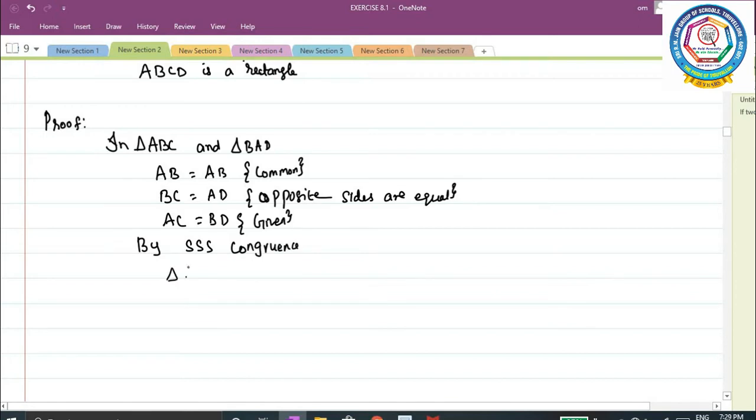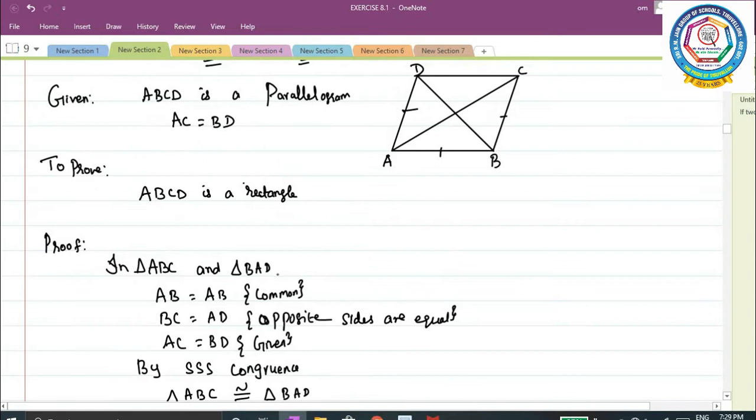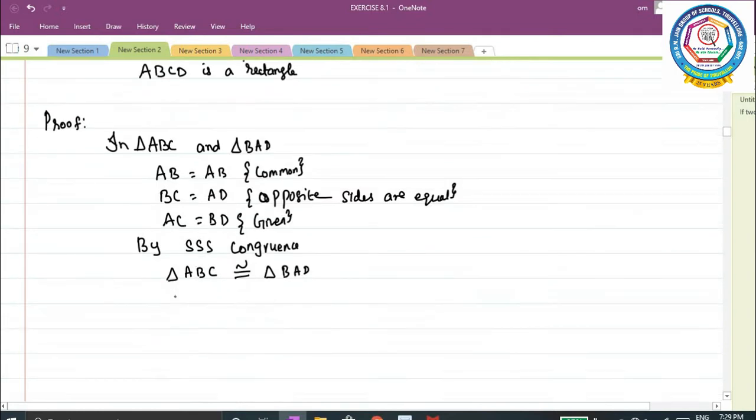Therefore triangle ABC is congruent to triangle BAD. Now I am going to take the CPCT. Angle ABC is equal to angle BAD by CPCT, that is corresponding parts of congruent triangles.